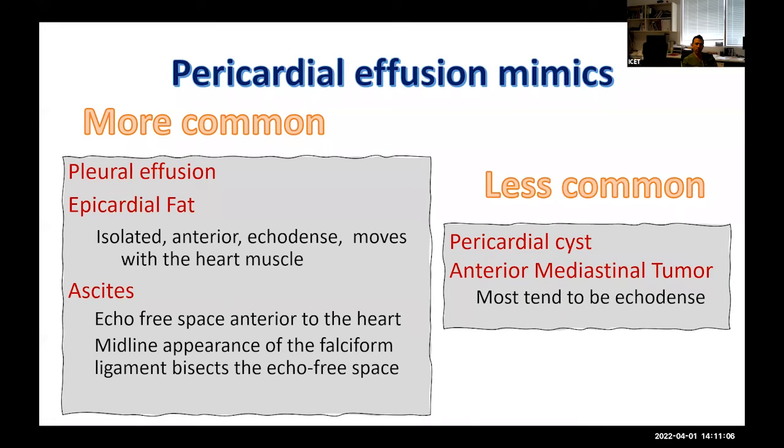But there are a lot of mimics of pericardial effusion, and the common ones that we have difficulty distinguishing may be a pleural effusion, particularly if it's very small, epicardial fat, and ascites. I'll show examples of these. Less commonly, a pericardial cyst may mimic an effusion, or even an anterior mediastinal tumour, particularly if it's got a necrotic center.